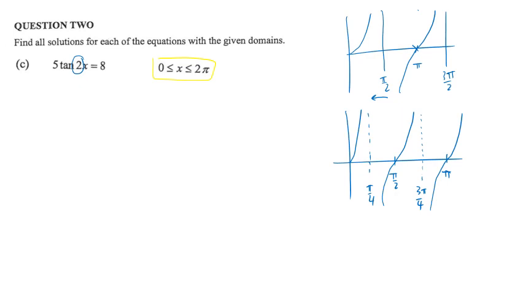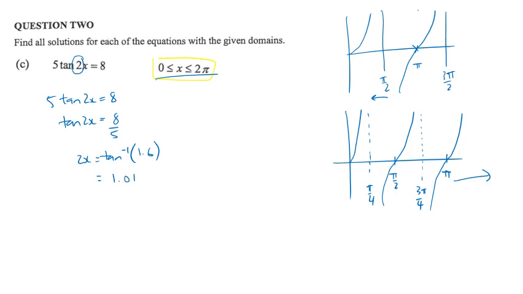So there's my graph. Now that interval, I haven't drawn my graph, but I know the pattern of it, because now all I need to do is solve this. So tan of 2x is 8 divided by 5, so 2x is the arctan of 8 over 5, which is 1.012, so x is 0.5061.